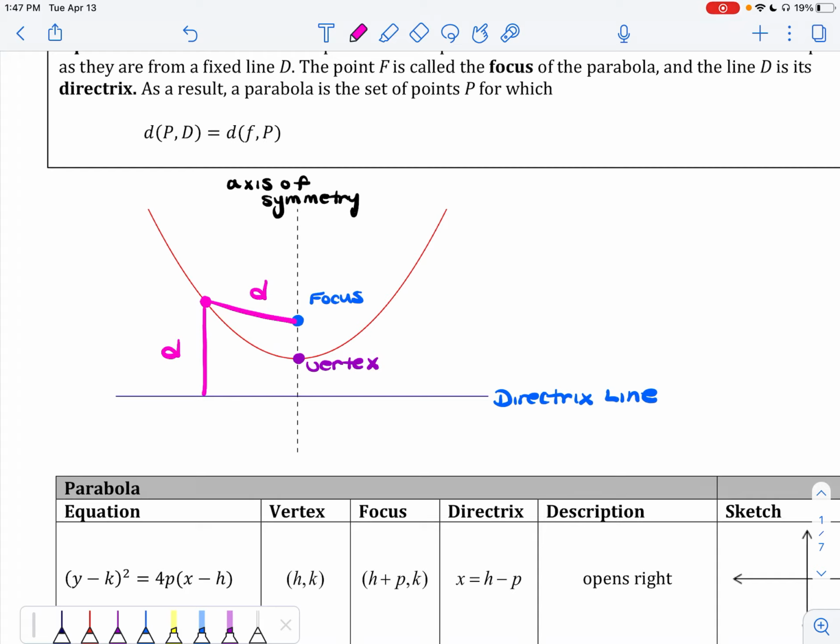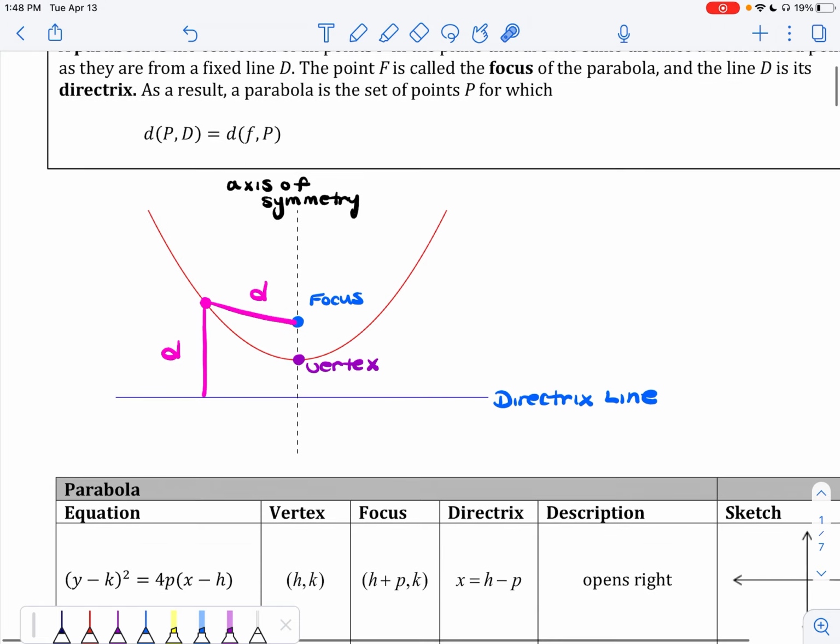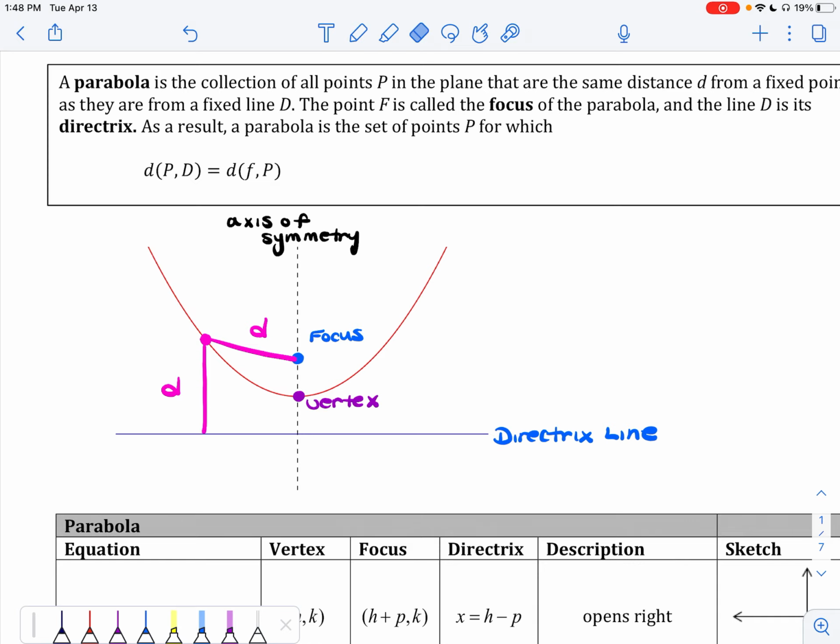Now, you don't really need to know this for the sake of solving problems, but I just want you to know that this is how we're defining a parabola geometrically, okay? So the distance between any point on the parabola and the directrix line is equal to the distance from the point to the focus. So that's why we're using these two pieces here, because this is how we're defining our parabola.